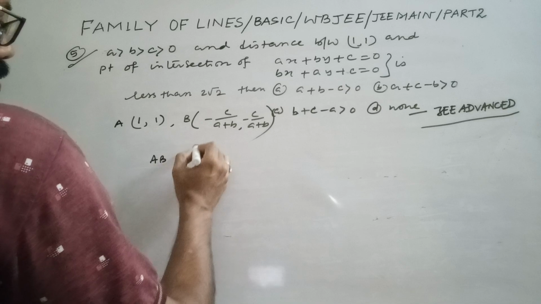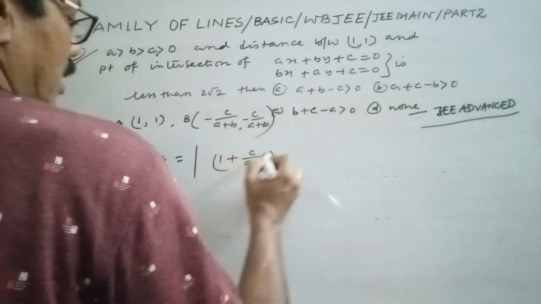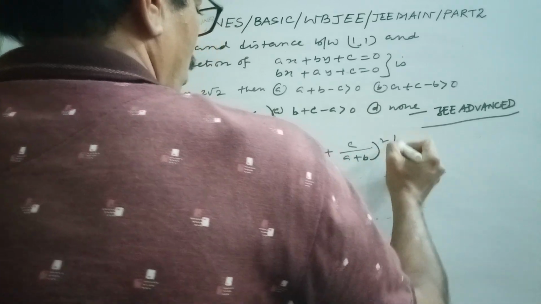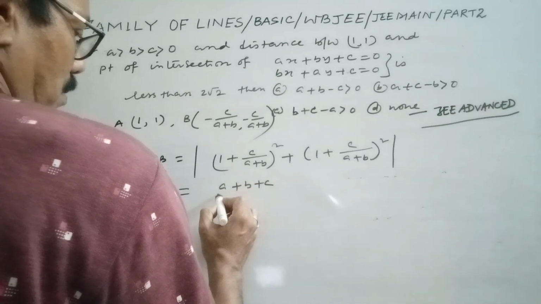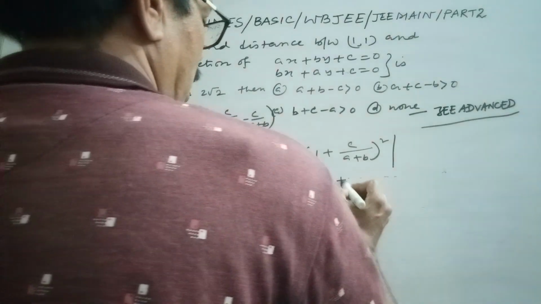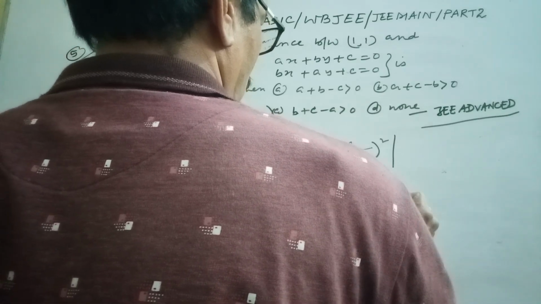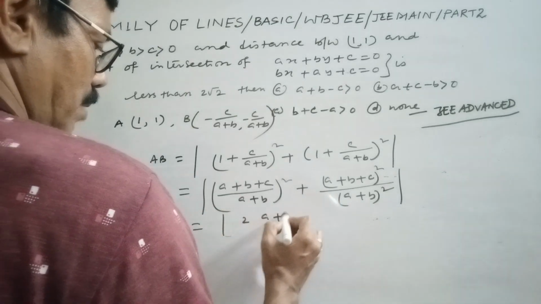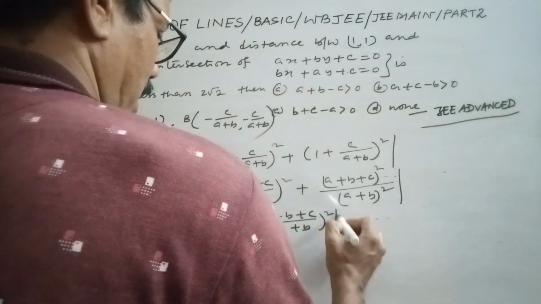AB equals the root of (1 plus c by a plus b) whole square plus (1 plus c by a plus b) whole square. So (a plus b plus c) by (a plus b) whole square. This is (a plus b plus c) whole square by (a plus b) whole square. So 2 into (a plus b plus c by a plus b) whole square.